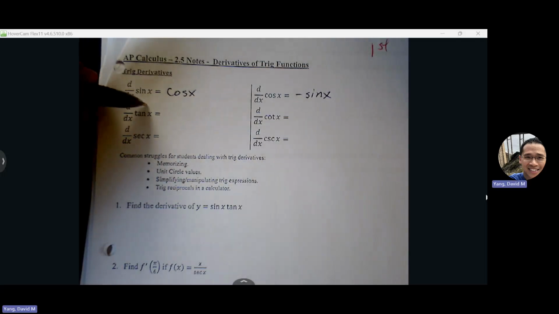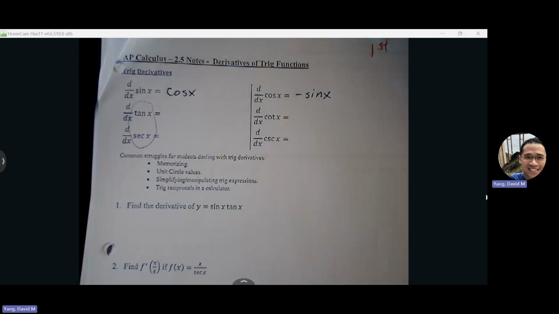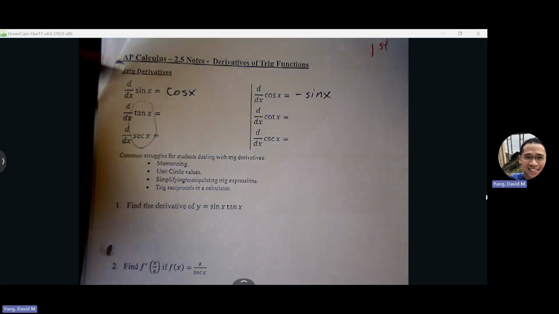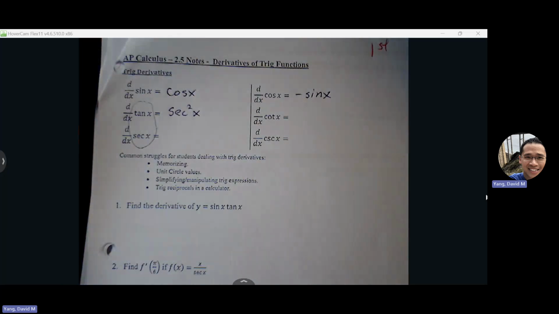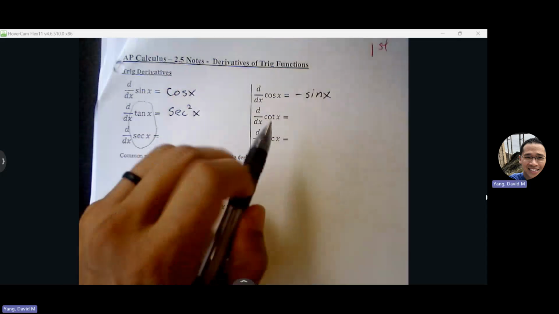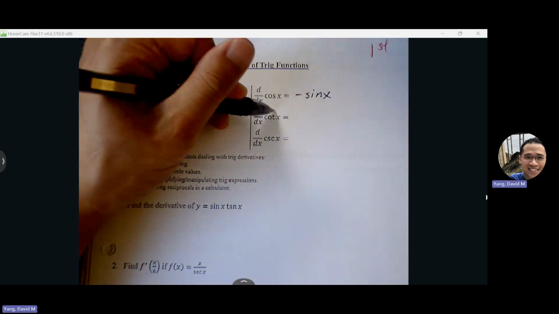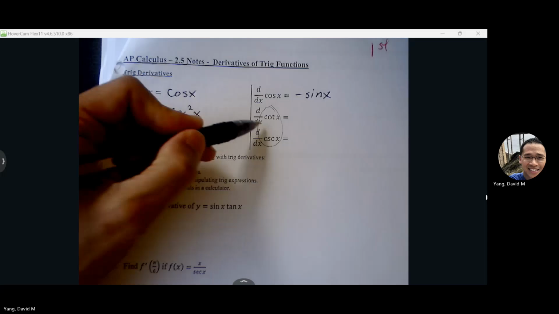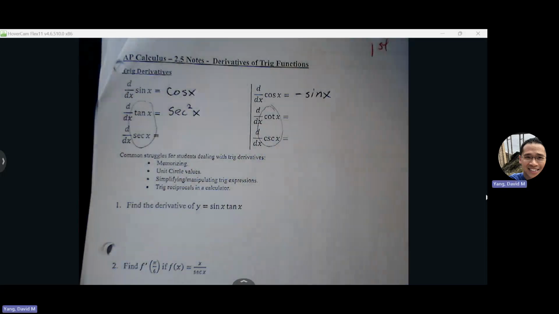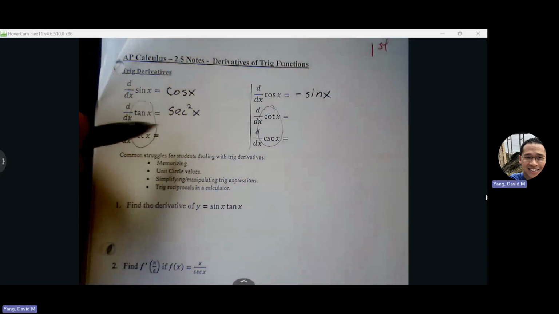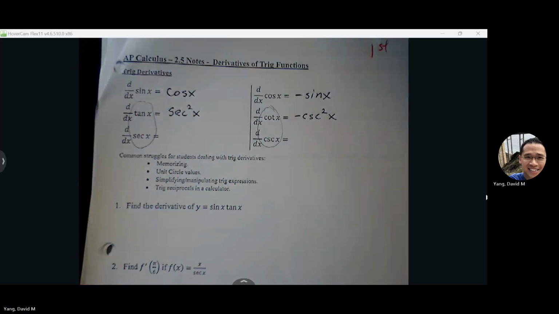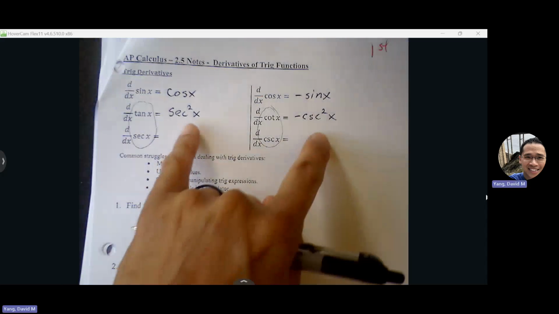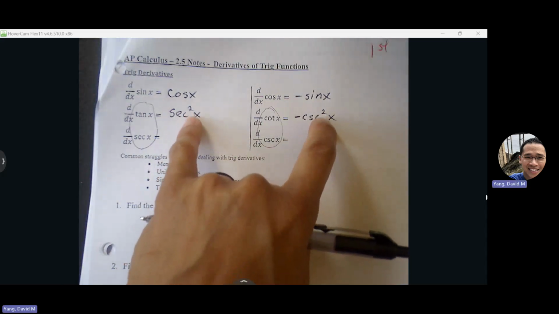For tangent and secant, they're just going to involve each other in terms of their derivatives. So tangent's derivative is just going to be secant squared X. Likewise, cotangent and cosecant are just going to involve each other for their derivative. If you follow the similar pattern, it's going to be negative cosecant squared of X. So this is what I'm talking about in terms of similar form.